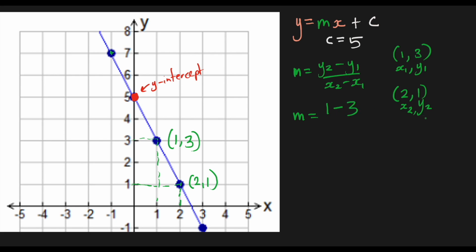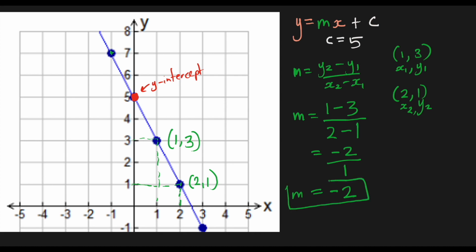I got the 1 from the y2, and the 3 I got from the y1. And that goes over x2, which is 2, minus x1. So that's going to be 2 minus 1. So 1 take away 3 is -2 over 2 take away 1, which is 1. So now I have -2 over 1. Since a negative divided by a positive is a negative, this would be -2. So my gradient is -2.